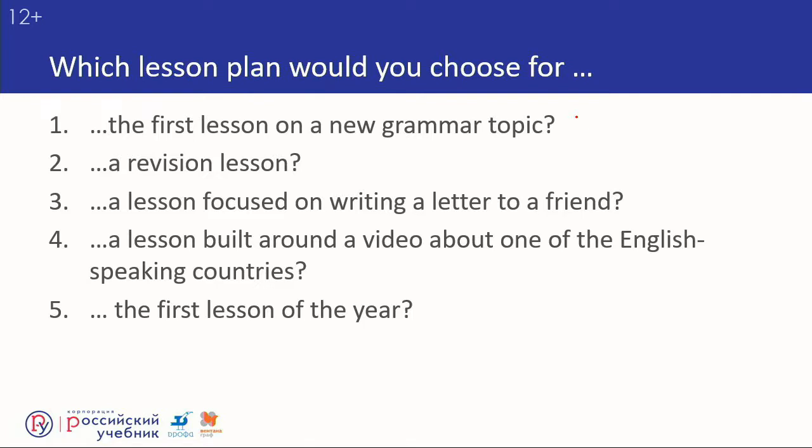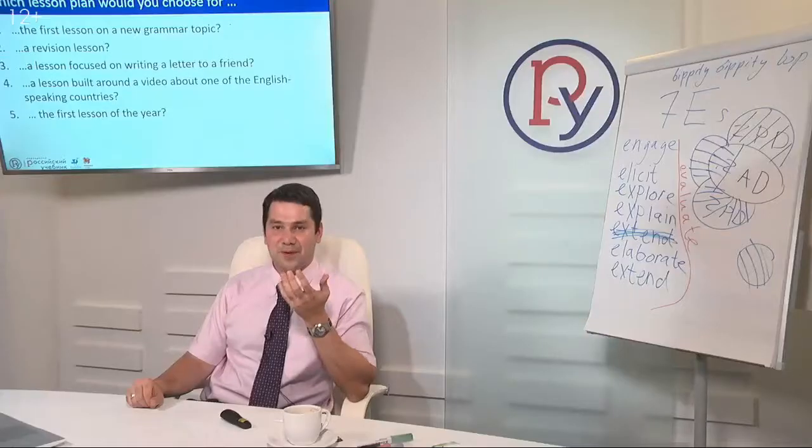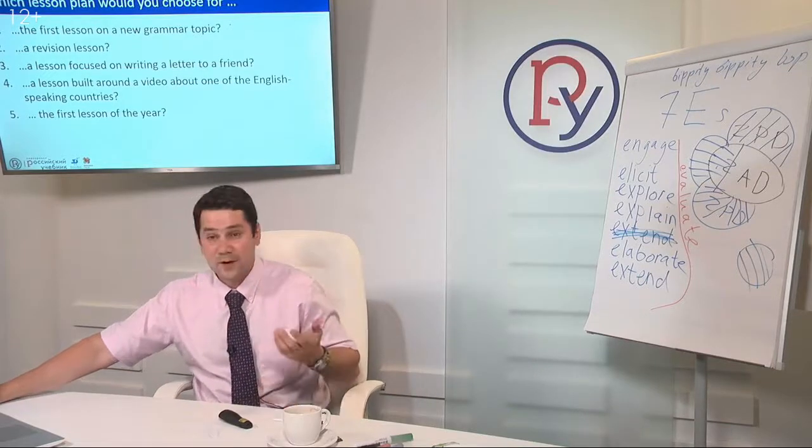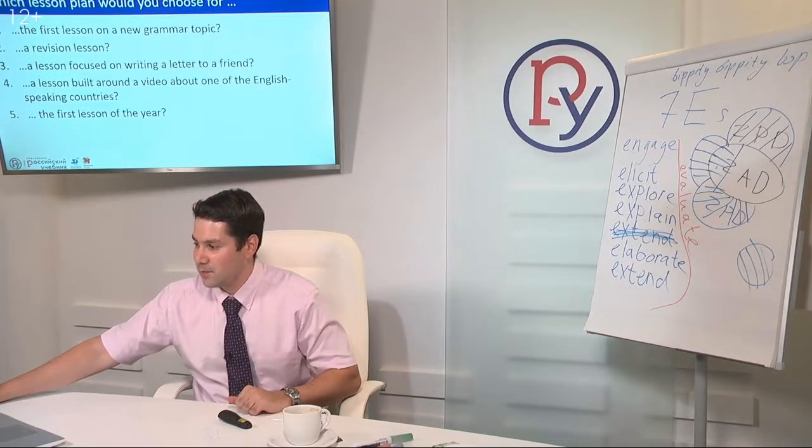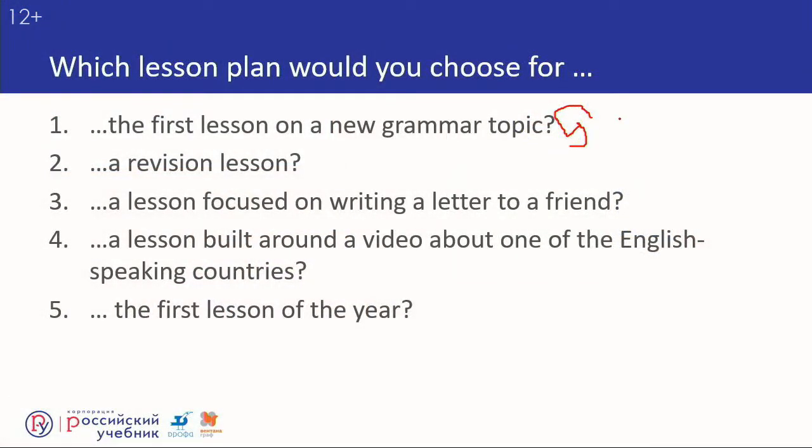Okay, now let me share some of my lesson plans for particular situations. With the first lesson on a new grammar topic, I would probably use either guided discovery, GD, or PPP, depending on what grammar topic that is.